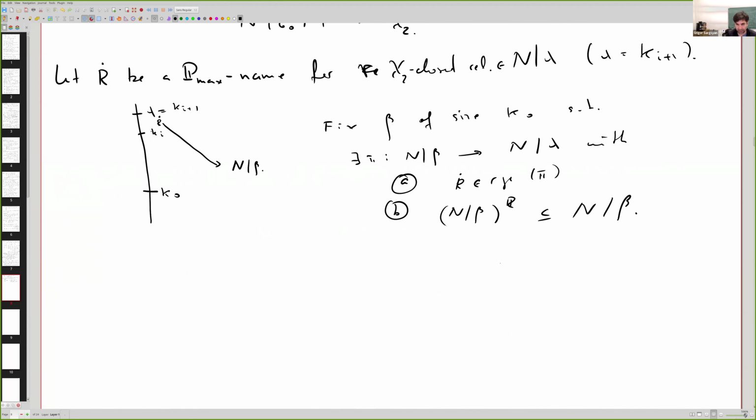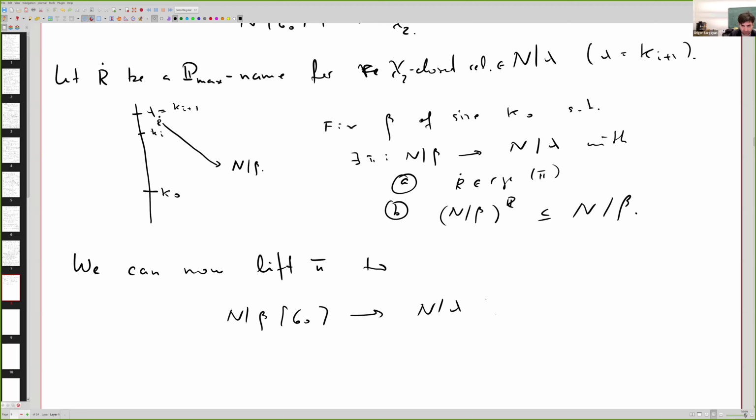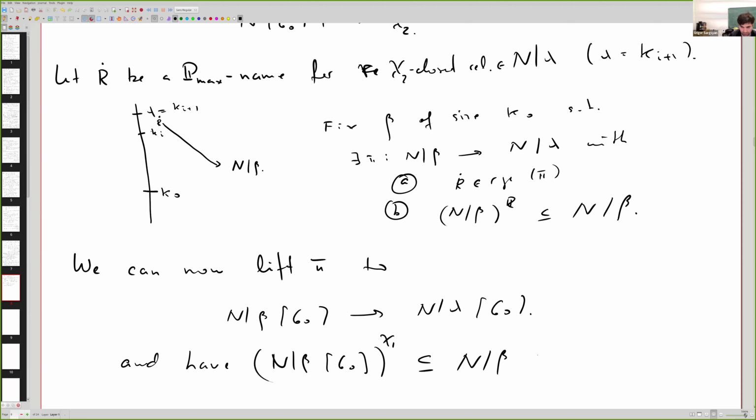The point being that now I can lift pi. We can now lift pi to N up to beta, and still have N up to beta G0 under Aleph 1 sequences is in N G0.